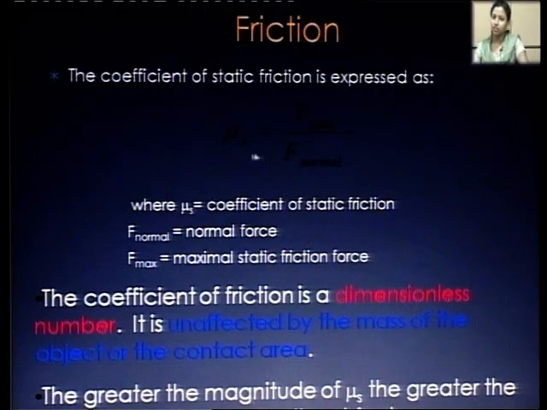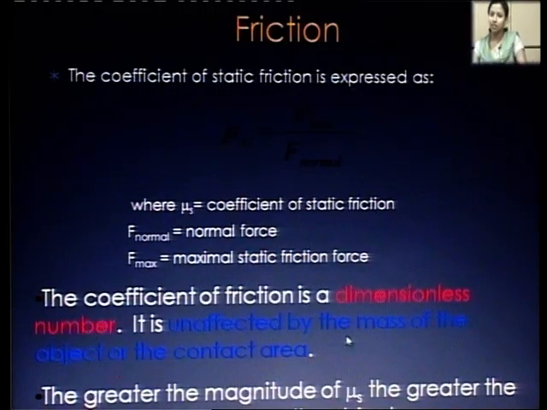Coefficient of static friction, you already know: mu s is equal to F maximum, the maximum value of the force, divided by the normal force. So mu s is the coefficient of static friction, F normal is the normal force, and F maximum is the maximum value of static friction. The coefficient of friction is a dimensionless number because it is the ratio of two forces.